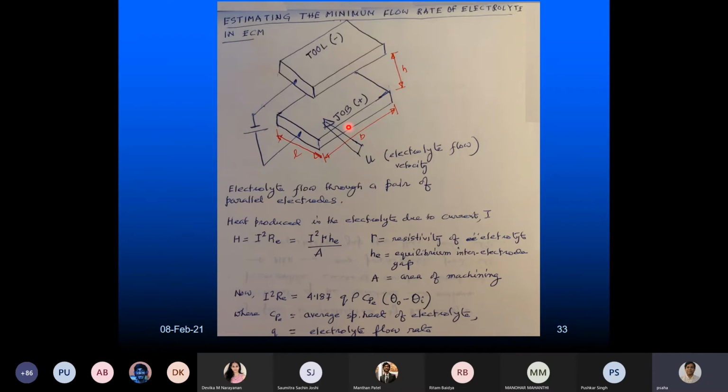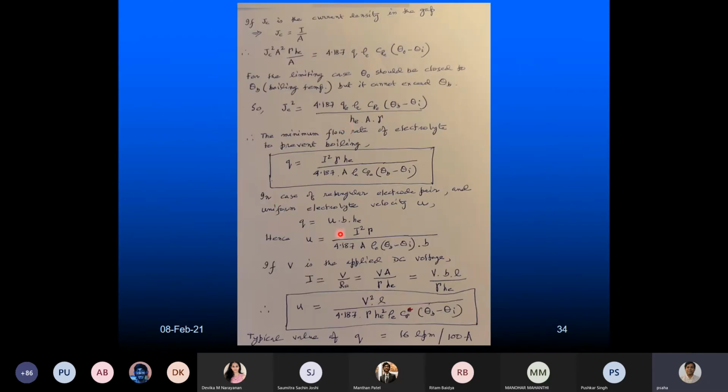So U into B into He is the total volumetric flow rate of the electrolyte. So how much will be U? It will be basically Q divided by B into He.